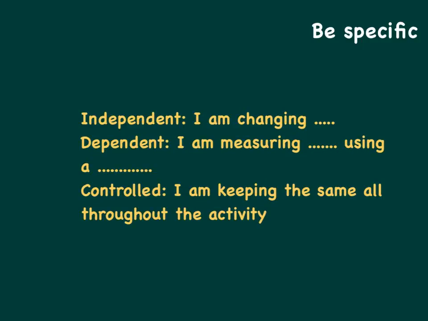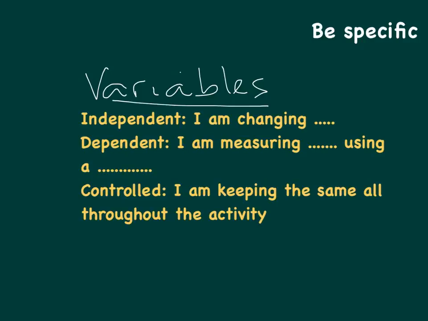This is a simple way of telling the reader what's going on. And I would probably use a heading, variables, above this. So I can say independent, I am changing, and then list what you are changing. Don't forget to name it.